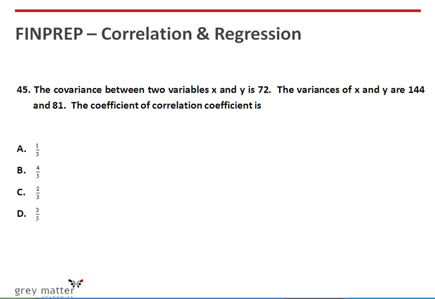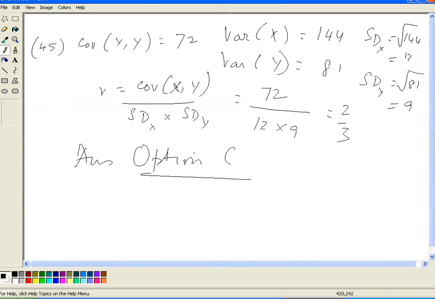45th question, the covariance between two variables x and y is 72. The variances of x and y are 144 and 81 respectively. The coefficient of correlation needs to be calculated. Variance of x is 144, so standard deviation of x is the square root of that, which is 12.